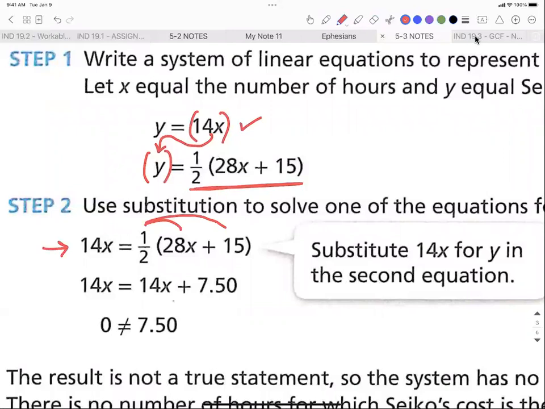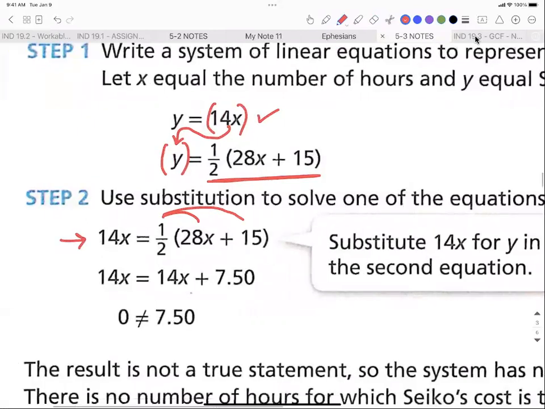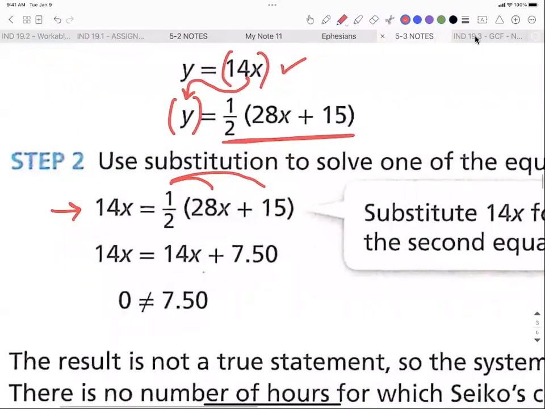That's the distribution step. Now before I can solve for x, do I have to get them all on the same side of the equation? I do, right? I have to have them all on the left or all on the right in order to solve for them. So if I've already got 14x over here, I'm going to minus 14x over here, and I want the x's off of this side. But something kind of unique happens.